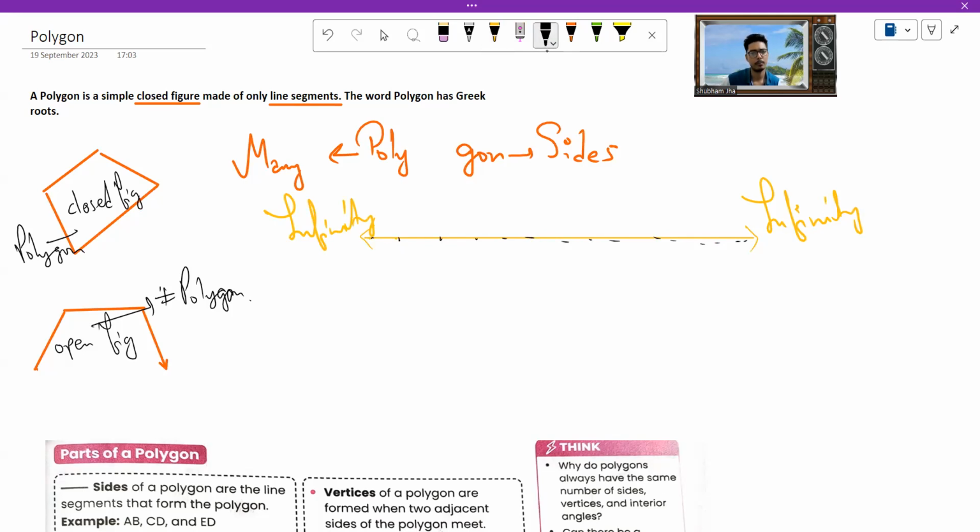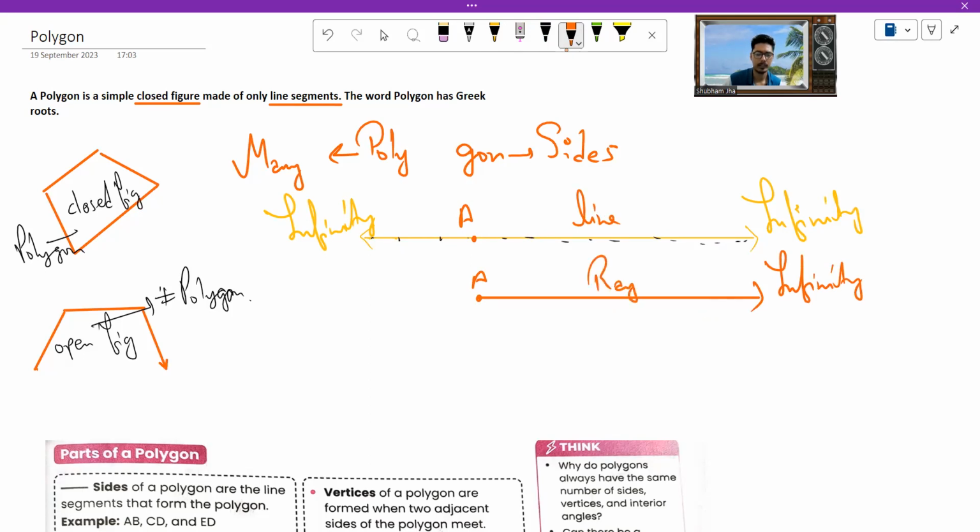So if we break one of its sides, like if I break this side and I point it at A, then I can show this by one fixed end and the second end going to infinity. Now this is my line and this will be my ray. A ray is a line where one end is fixed and the other end is not fixed. Means the other end is independent to go to infinity.